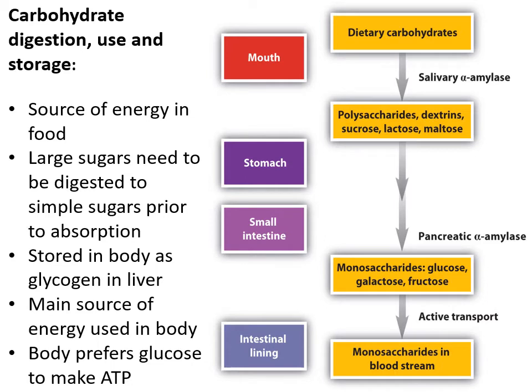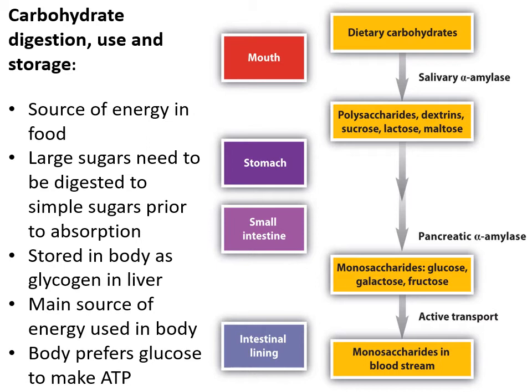And then when needed, the glycogen can be broken down and turned into glucose first and used to produce the energy currency of the body called adenosine triphosphate, which is ATP. So glucose goes through a breakdown process.